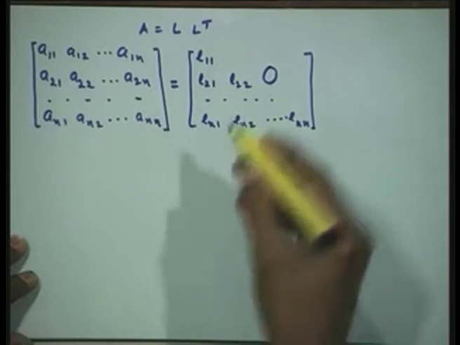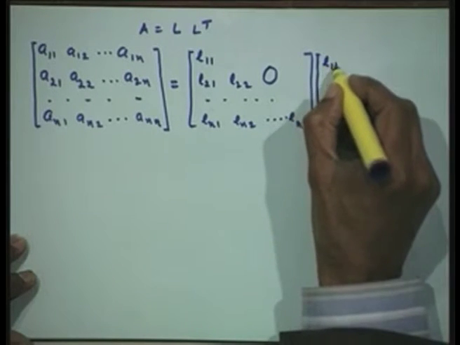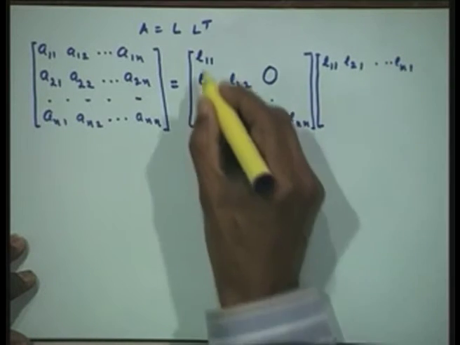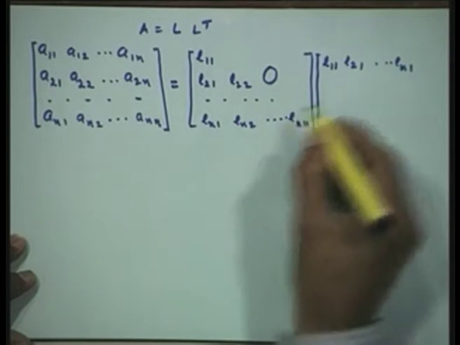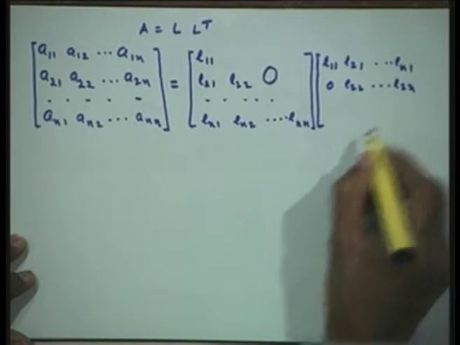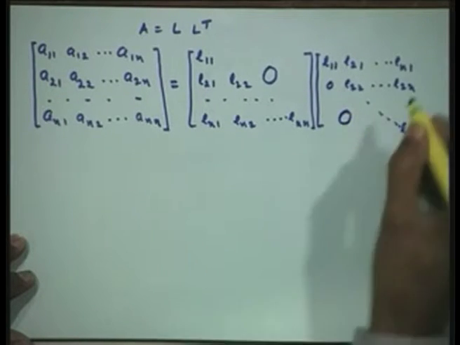And we are multiplying by its transpose. So I can just transpose it and write this as L11, L21, Ln1, that is the first column becomes the first row, and the second column L22, L2n, and so on. I will have Lnn over here.